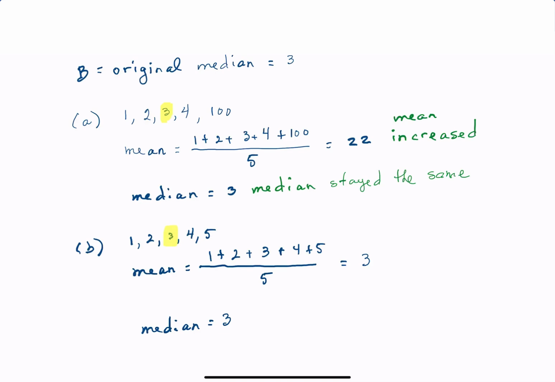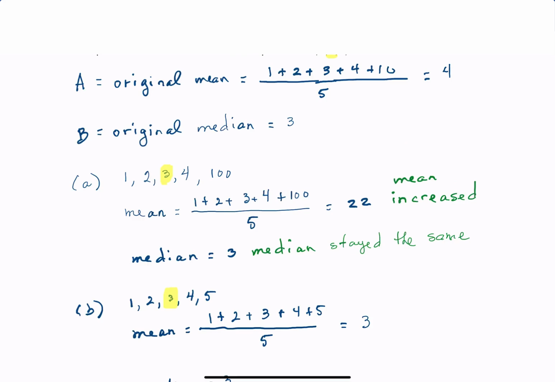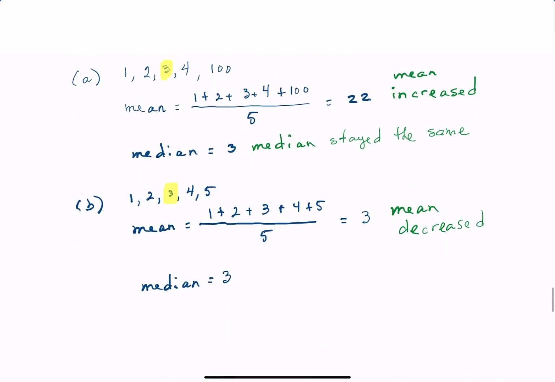So decreasing the highest data value caused the mean to be decreased from the original mean of 4. However, the median stayed the same.